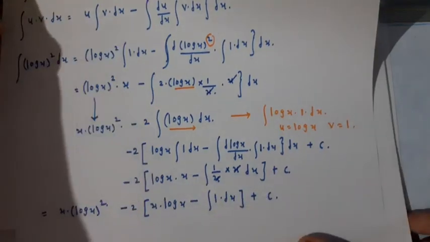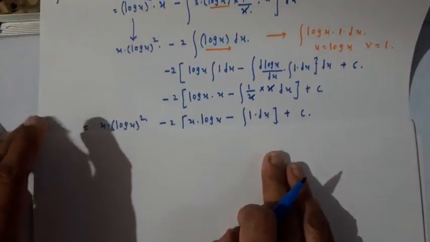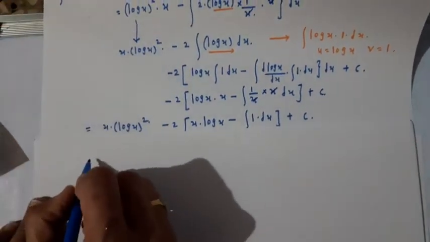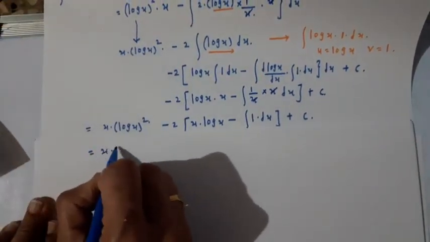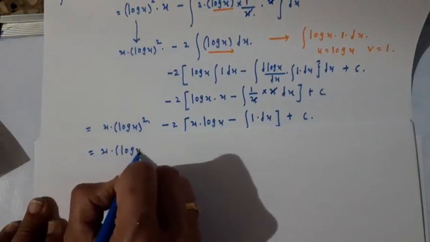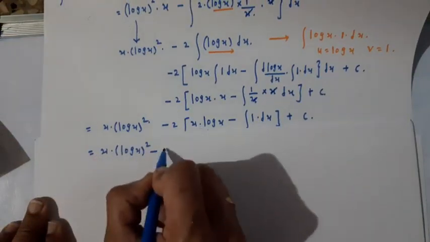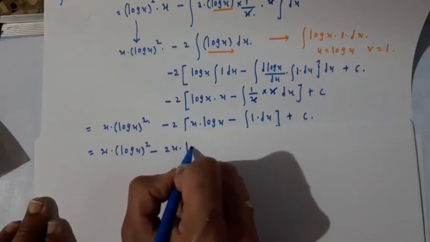Okay students, and now the last step, this is equal to x into log of x whole square minus 2x into log of x.